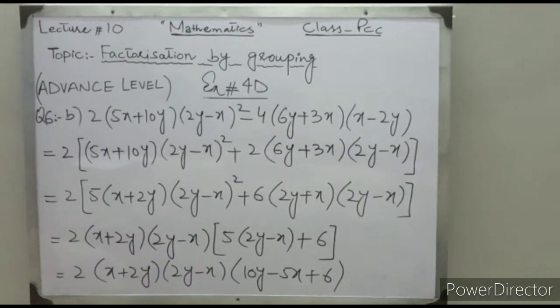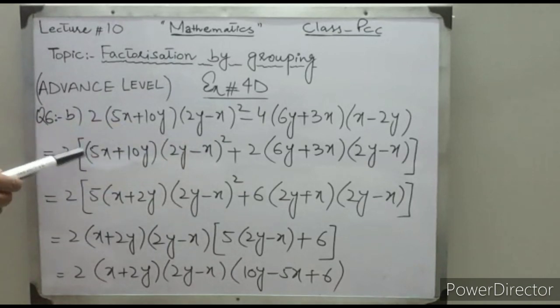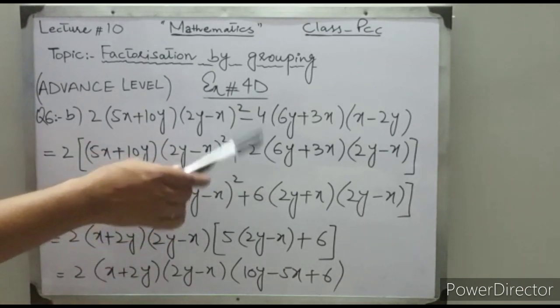Now students, question number 6, part B. First of all, you may say we have 2 common in the whole expression. Take 2 common. So remaining expression we have 5x plus 10y into 2y minus x whole square plus 2.